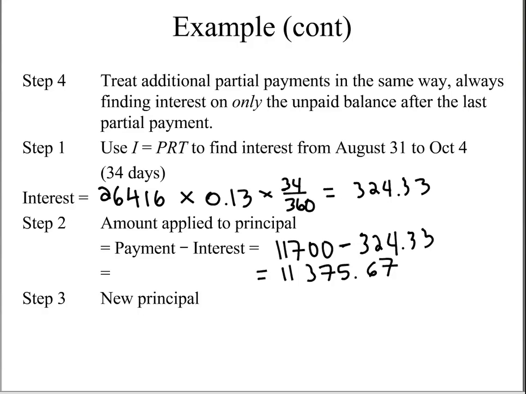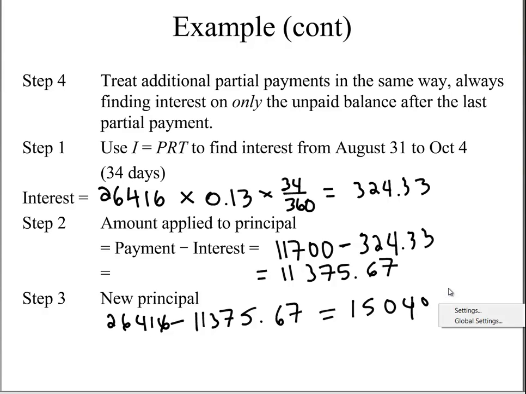My principal now is $26,416. Now I'm going to subtract off this $11,375.67. Excuse my sloppy handwriting. When I subtract it off, I get $15,040.33.